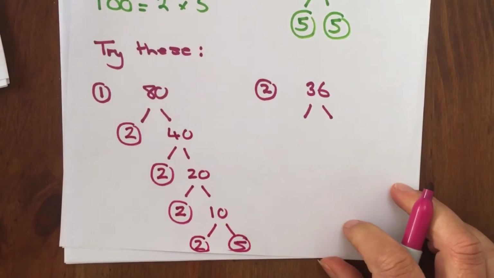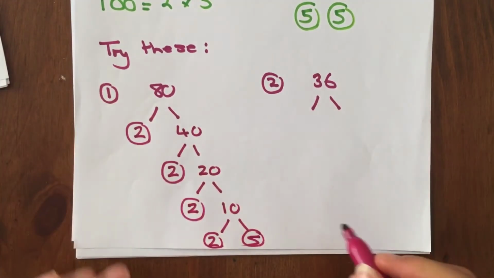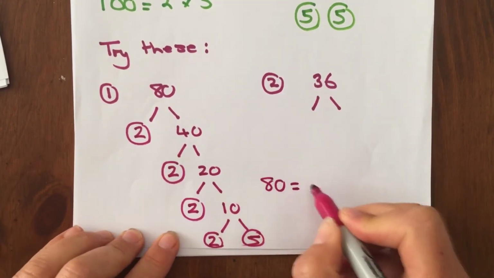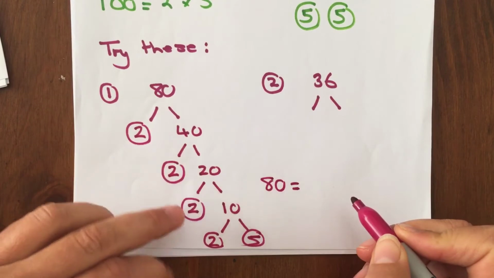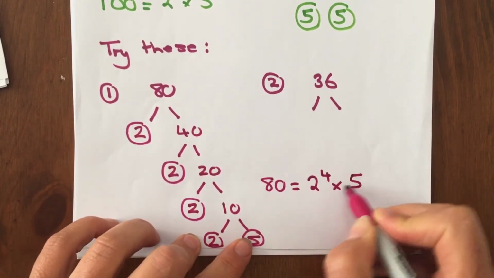So 80 will be equal to, how many 2's have I got? 1, 2, 3, 4. 2 to the power of 4 times 5.